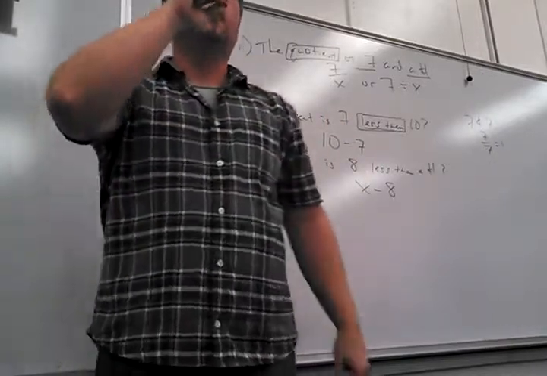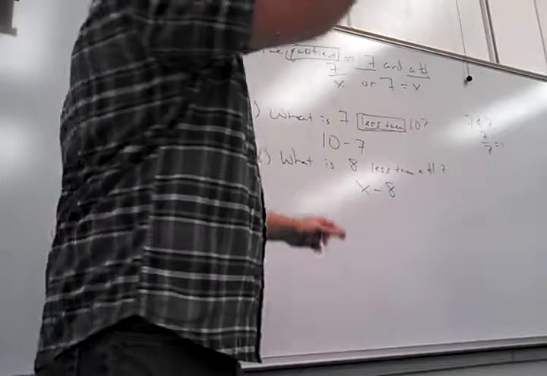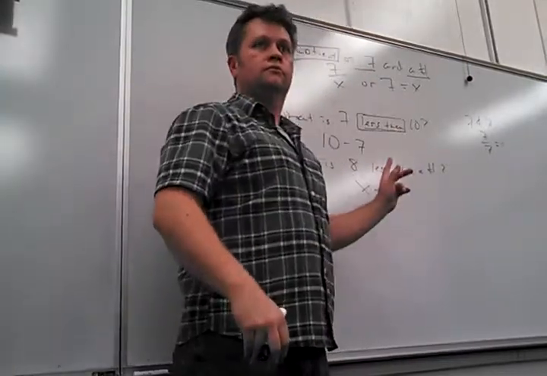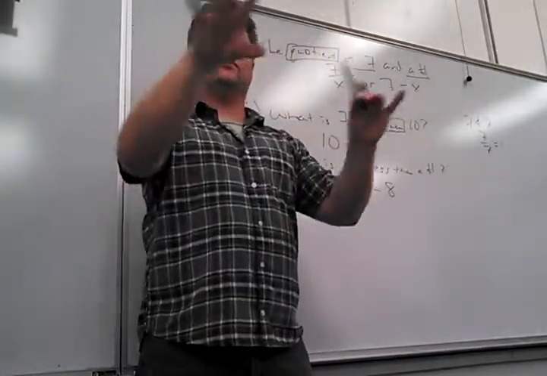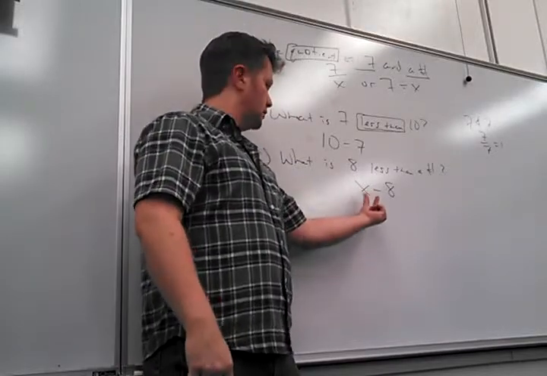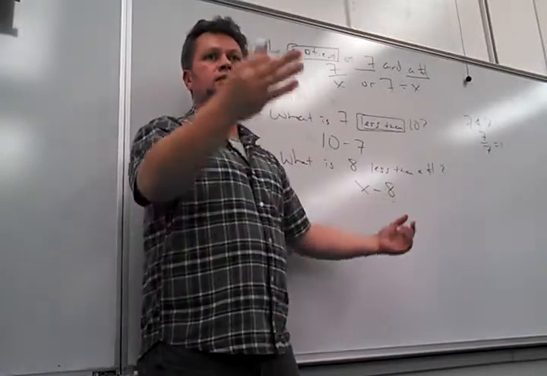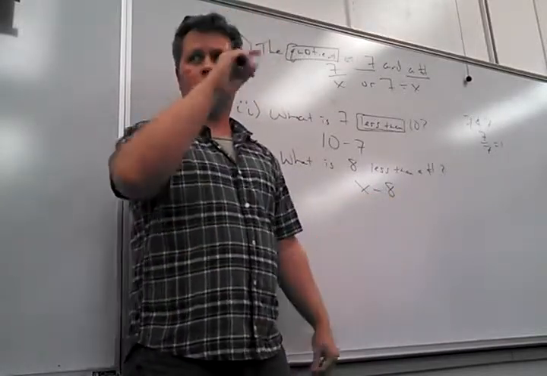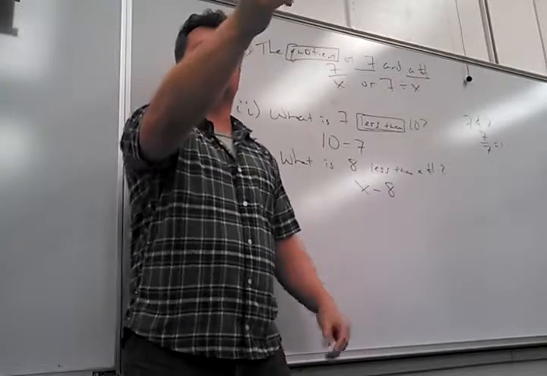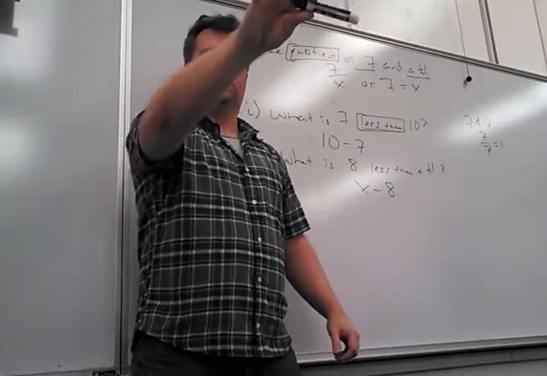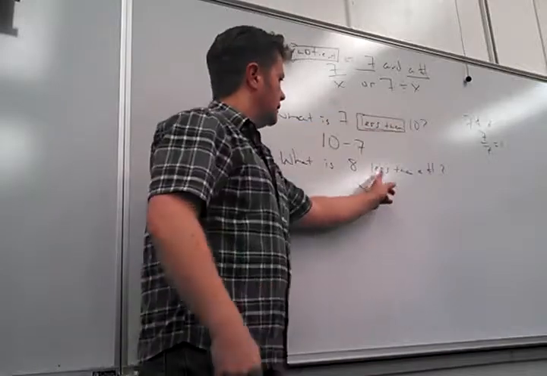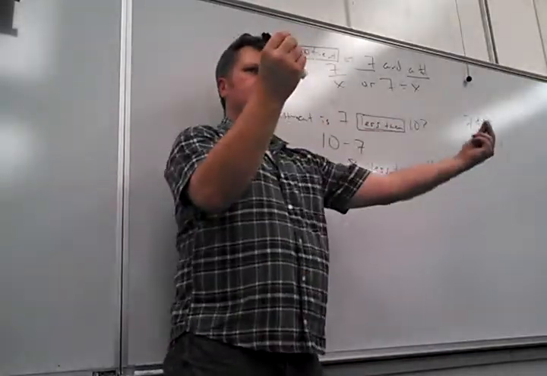It's got to be positive. Well, it's got to be written in the other direction. That's all I'm saying. If it's negative or positive, it totally depends on what x is. Because if x is 3, what's 3 minus 8? Negative 5. We're going to talk about that later today in chapter 2. But for right now, if I see less than, I've got to write this the other way around.